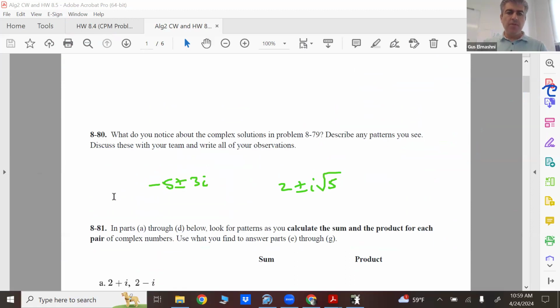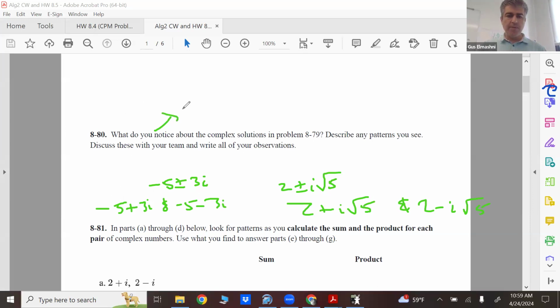Okay, so for number 80, these are our two answers, right? What do we notice here? We notice that they're almost identical, because it's really like saying negative 5 plus 3i and negative 5 minus 3i, and that's like saying 2 plus i root 5 and 2 minus i root 5.